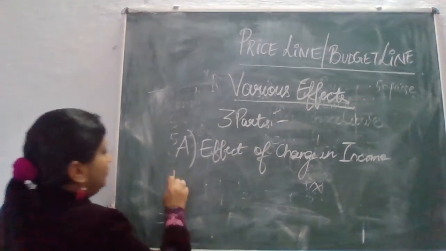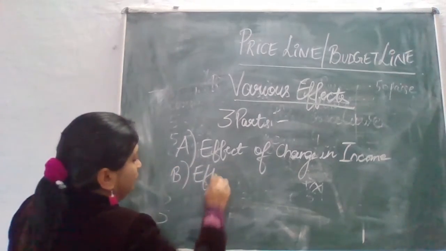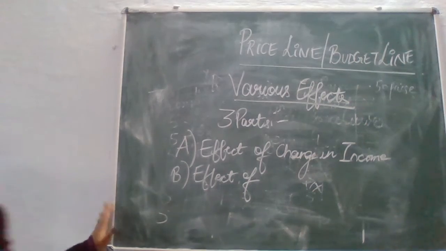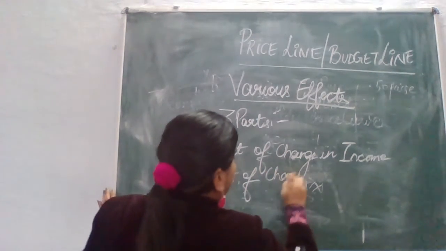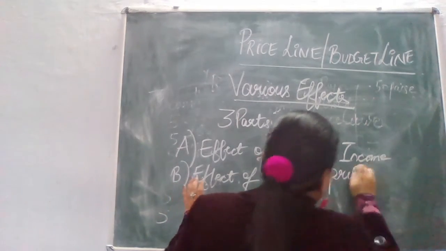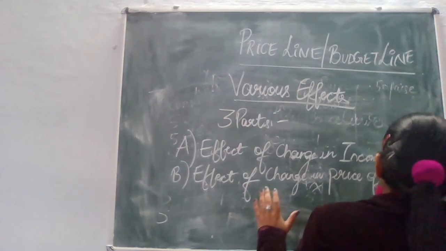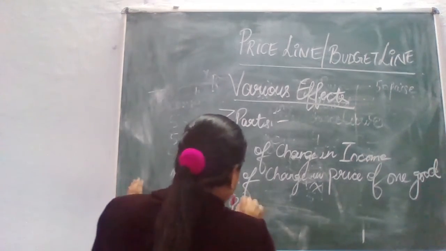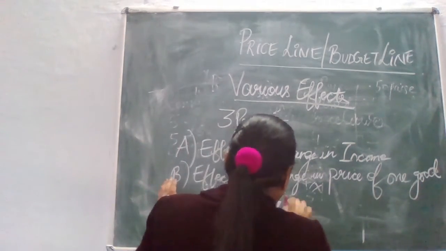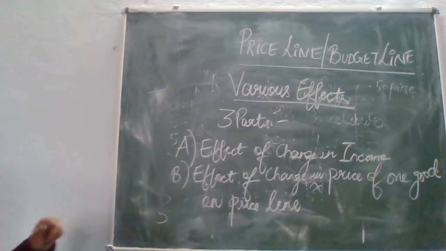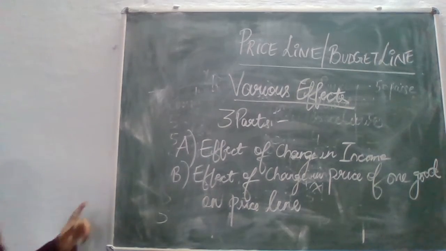Second, effect of change in price of one good on price line, and third is effect of change in relative price on price line.